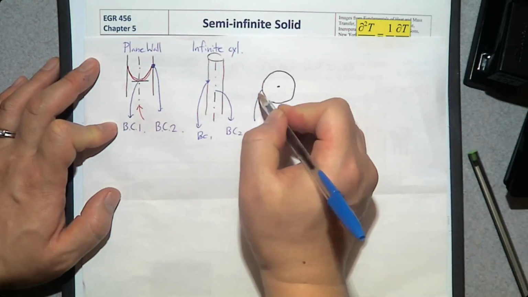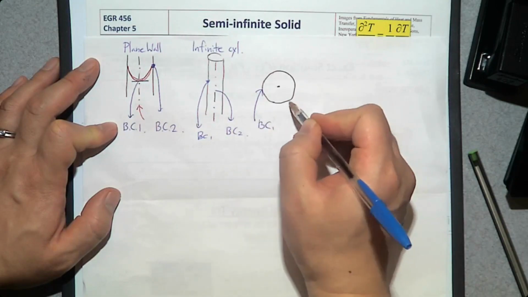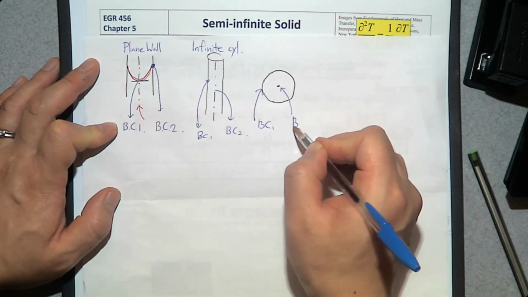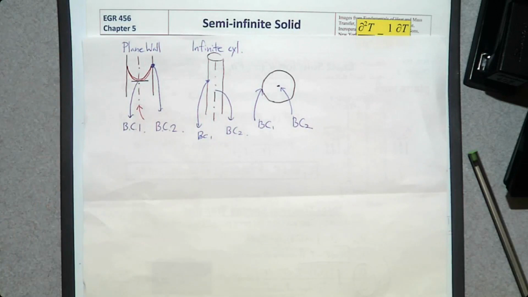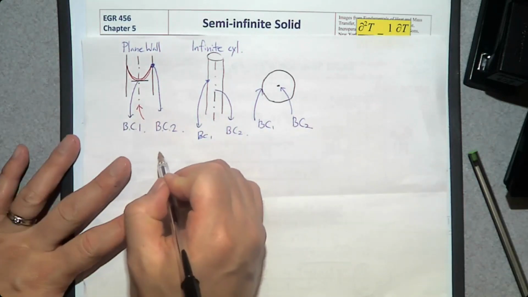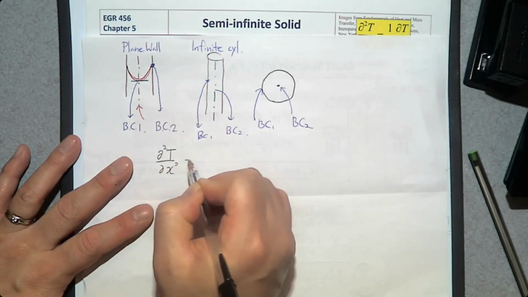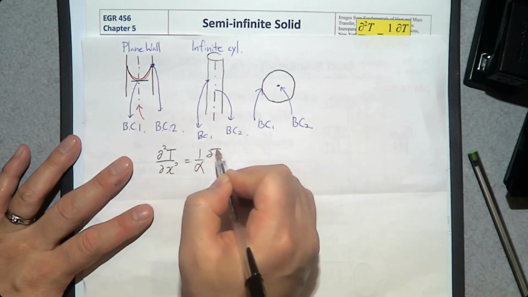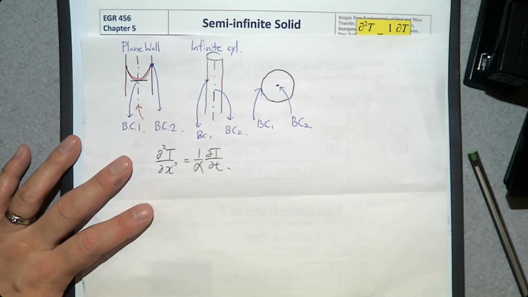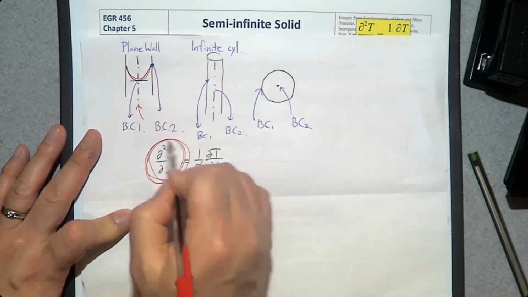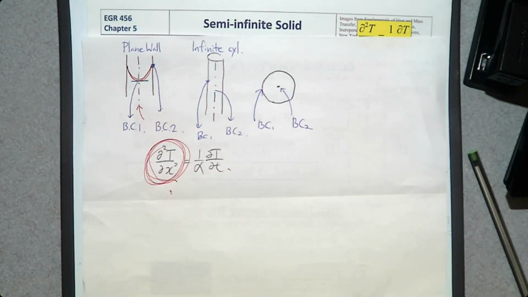Boundary condition at the surface, and another boundary condition at the center. So by using these two boundary conditions, we can solve the second order differential equation on the left hand side of this governing equation.